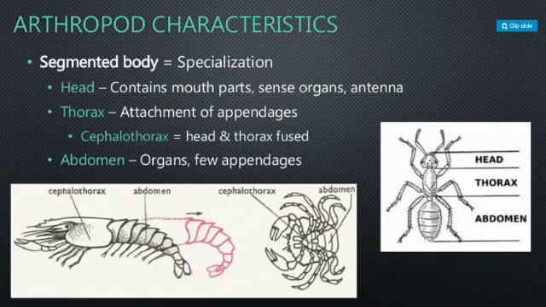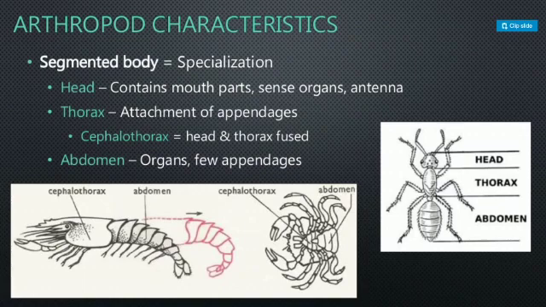Their body is segmented because it is divided into different segments. Its body is divided into four main regions, which are called the head, thorax, cephalothorax, and the abdomen. Head contains the mouth parts, sense organs and the antenna, and the thorax is the attachment of the appendages.